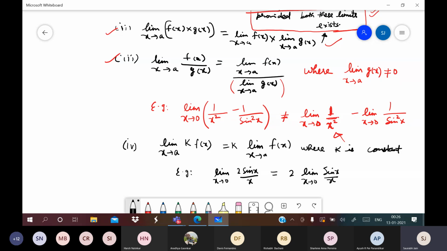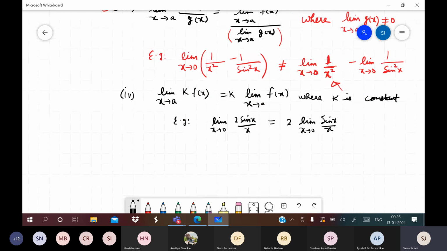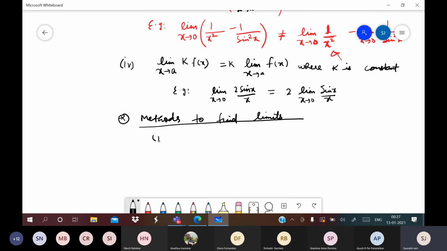Now, as we were discussing in the previous class, this LHL RHL method is a little bit lengthy. So in this class we are going to study some faster methods to find limits. First one is factorization.